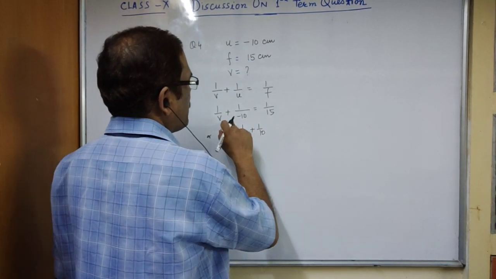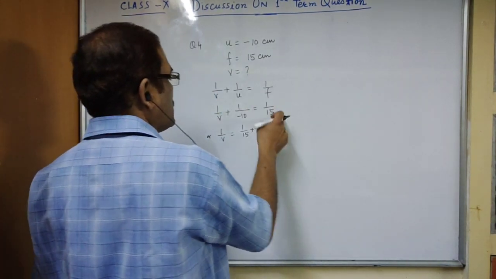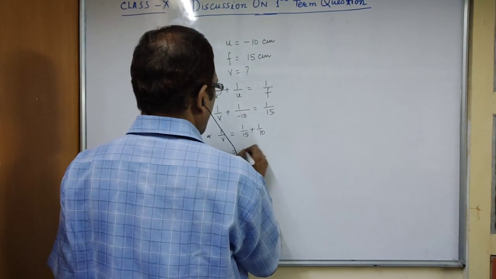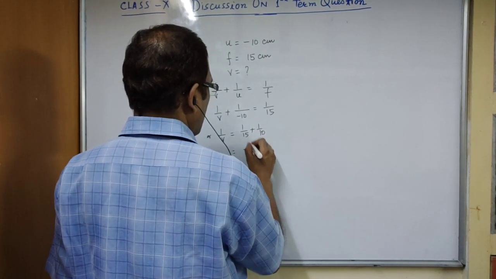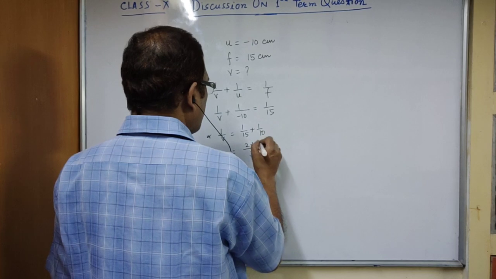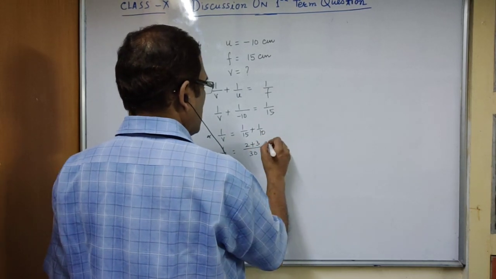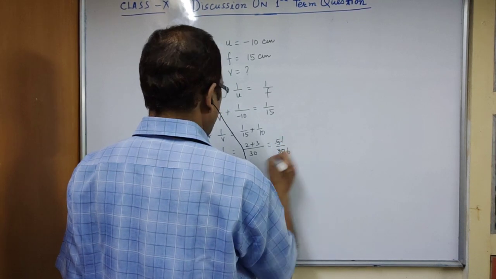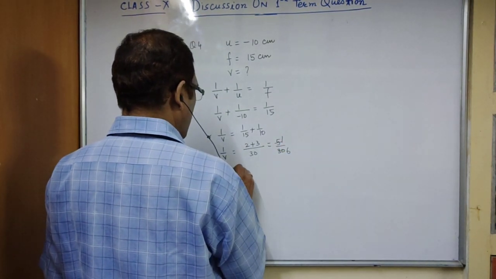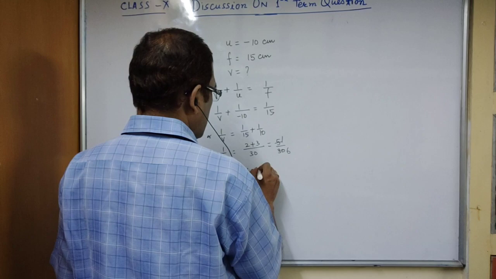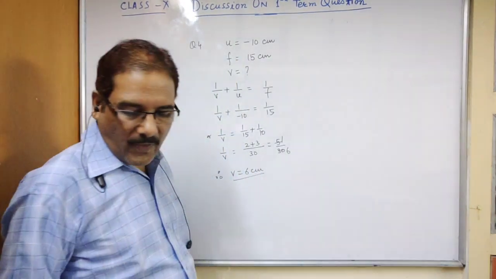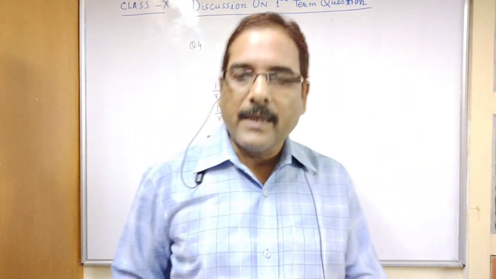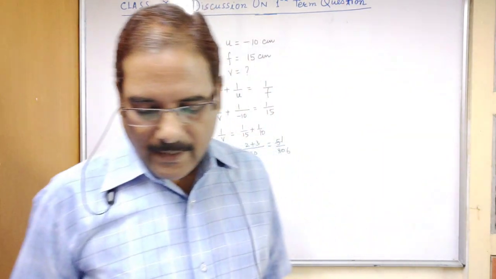If you transpose this u to this side, it will be positive. Now take the LCM, it will be 30. So 1 by v is equal to 5 by 30, so 1 by 6. Therefore v is equal to 6 centimeter. So B option is correct, 6 centimeter.